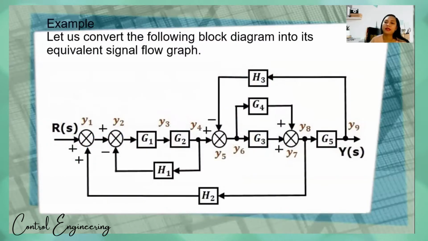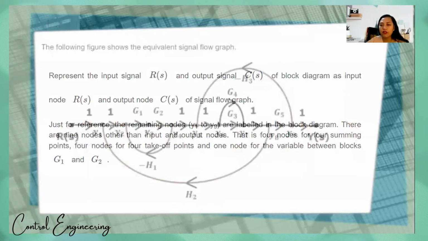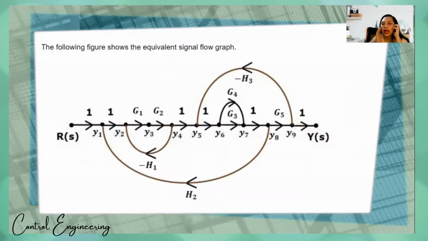Ang pagkakaiba lang naman ay ang representations ng block diagrams, no? We use the circles and rectangles or squares to represent our systems. But in the signal flow graph, as you can see, the difference is more on lines and line segments lang tayo, then the points, okay?